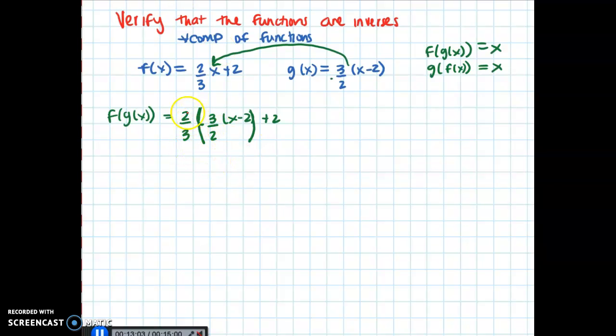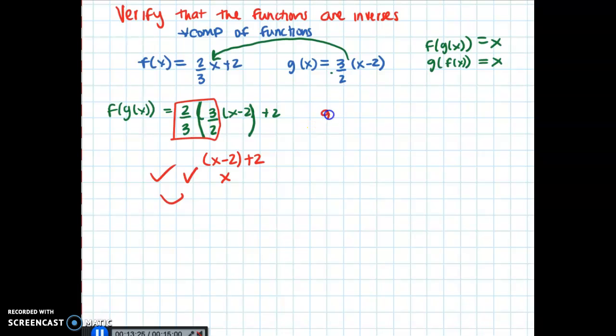Technically, you can do this multiplication in any order. So these two together, 2/3 times 3/2, that just makes 1. So now I have x minus 2 plus 2. The negative 2 and the positive 2 cancel, so I'm just left with x. So f of g of x is verified.